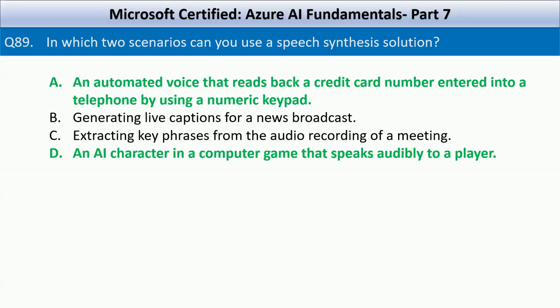An IVR system can use speech synthesis to read back information like a credit card number to a user, and an AI character in a game uses speech synthesis to speak text, which is a dialogue, to the player. Now, option B involves generating live captions, which requires speech to text, which converts spoken words into text. And friends, option C involves extracting key phrases from an audio recording, which also requires speech to text to transcribe audio into text before extracting key phrases using natural language processing.